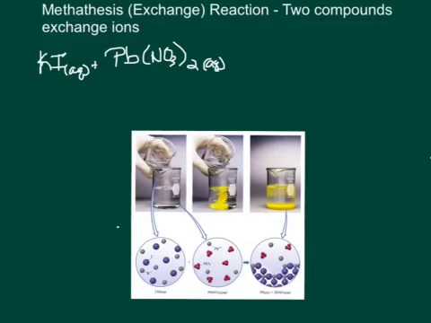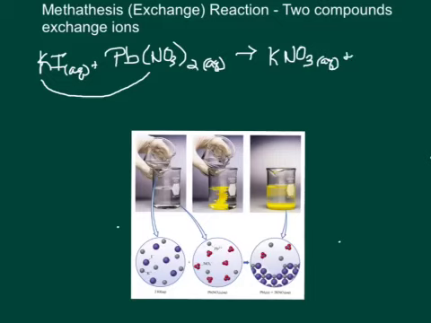And so when those two combine, we end up with the two outer ions forming potassium nitrate, which is a soluble salt, so that will be aqueous.